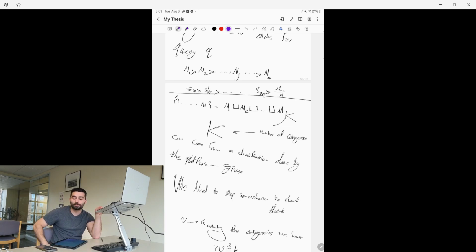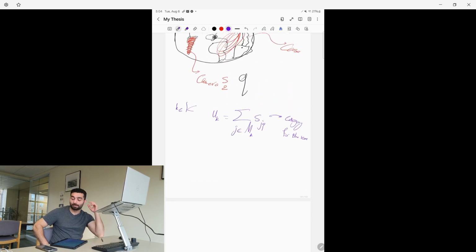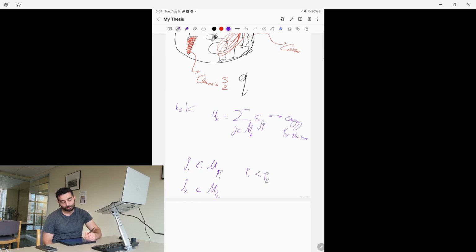Okay, so M1, M2, MK are just categories, which is completely fine. We don't need to change anything. I'm just saying if J1 in M1 and J2 in MP1 and MP2, and P1 less than P2, it doesn't mean that J1 is less than J2.